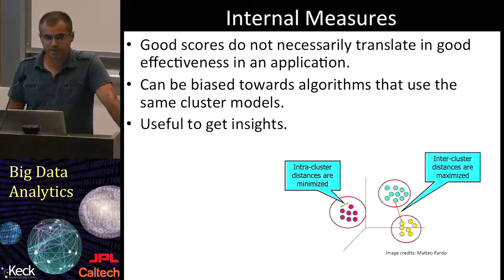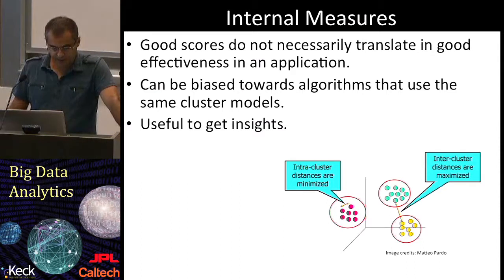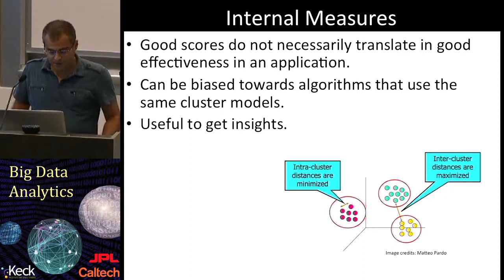For example, k-means, that we'll see in the next video, naturally optimizes object distances, and the distance-based internal criterion will likely overrate the results of this type of clustering. So internal evaluations are best suited to get some insights, but we cannot imply that one algorithm produces more valid results than another just based on the internal criteria.